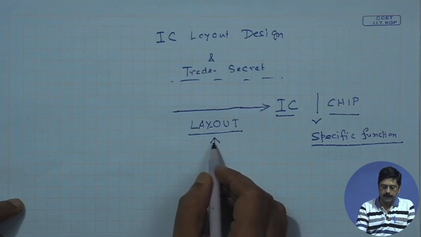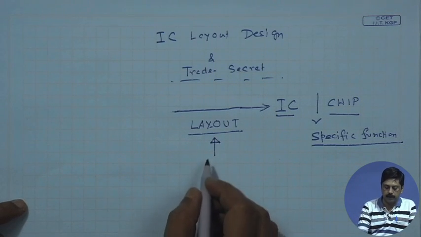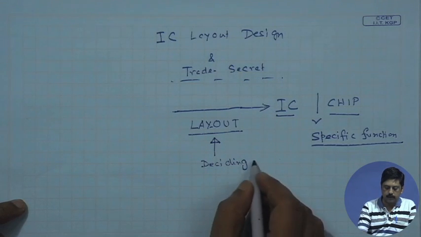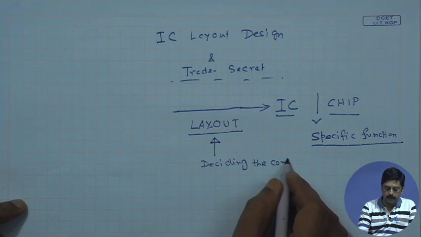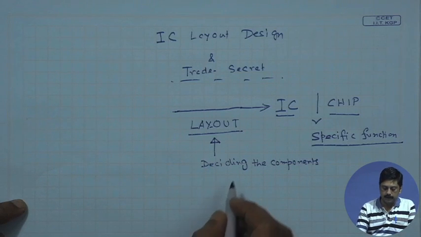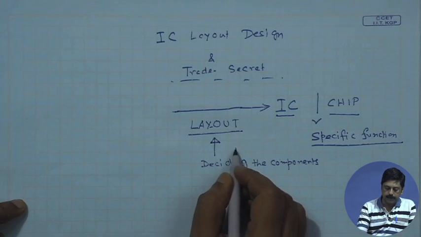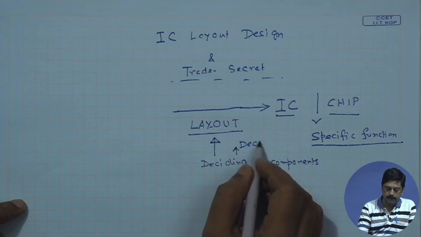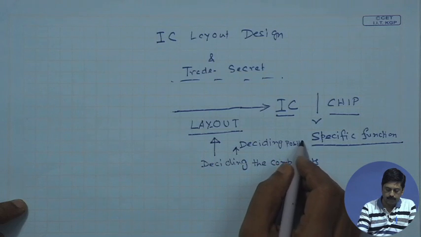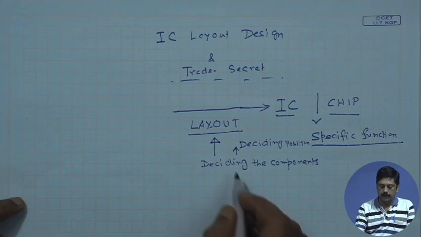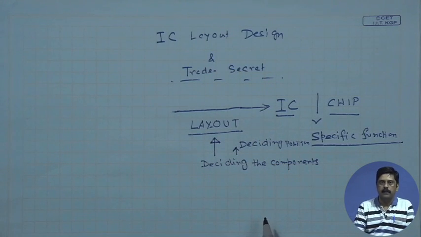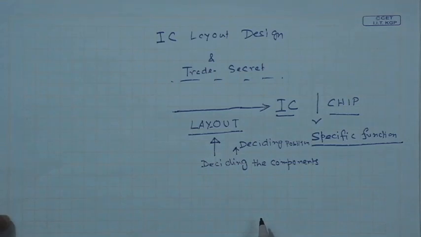Based on functionality you are deciding the components, then deciding their positions, and based on this you are creating the layout. The layout will ultimately tell about the different components and their positions.